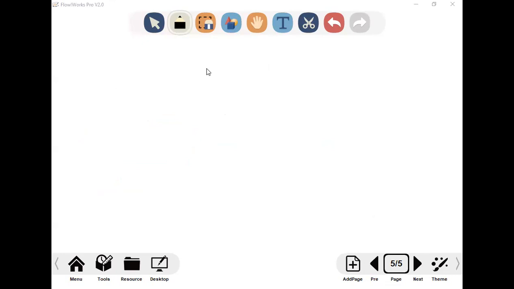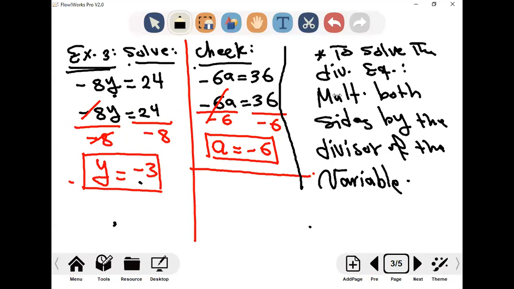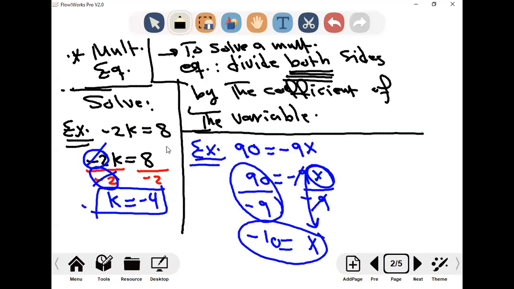Yes, Mr. I didn't understand the multiplication idea. Look here. Do you see this? Read. Don't waste time. I'm telling you, read this. Negative 2k equal 8. What's the variable? K. What's the coefficient?